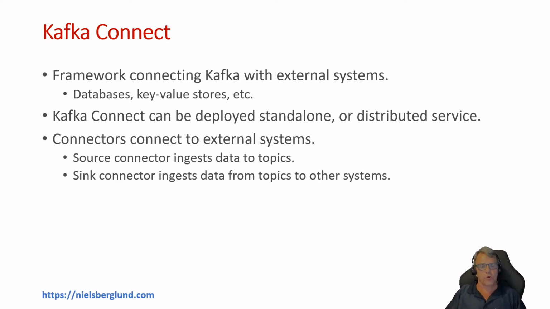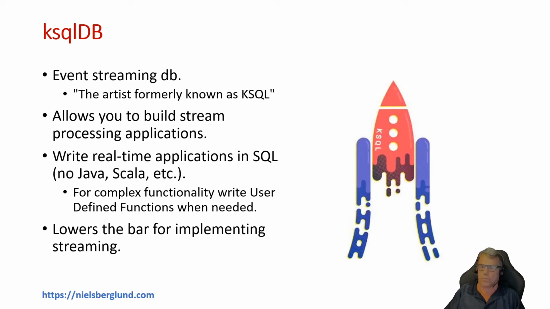A source connector is the connector that gets data from the external system, i.e. from the database, and pushes it into a topic. And a sink connector ingests data from topics to external systems.